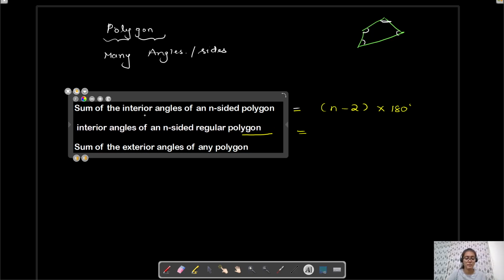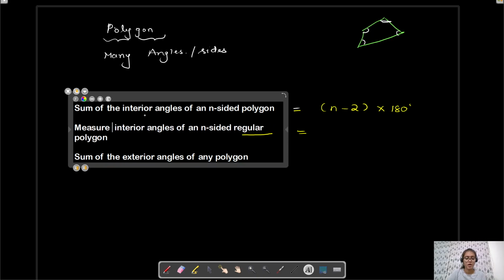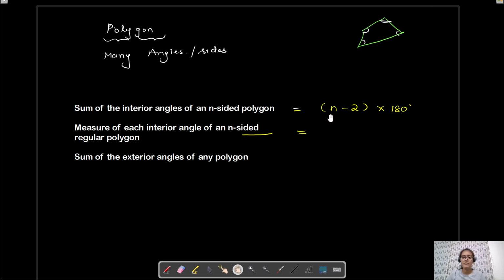So the measure of each interior angle of an n-sided regular polygon: you know that the sum of all the angles is n minus 2 times 180 degrees, and if you want to find the measurement of one angle, all you need to do is divide this formula by the number of angles, so divided by n, because in a regular polygon each angle measures the same. All the angles will be congruent.